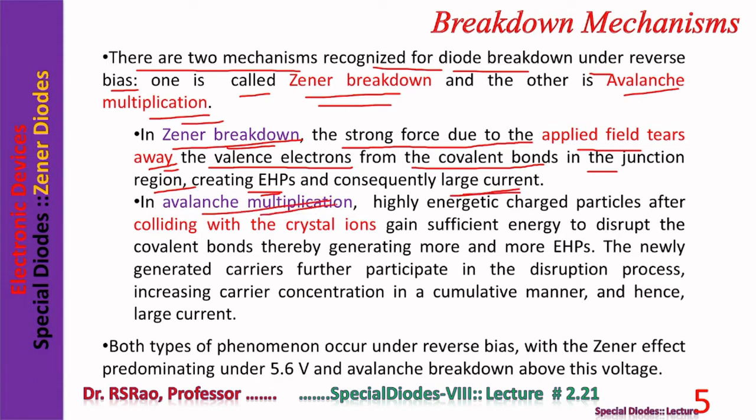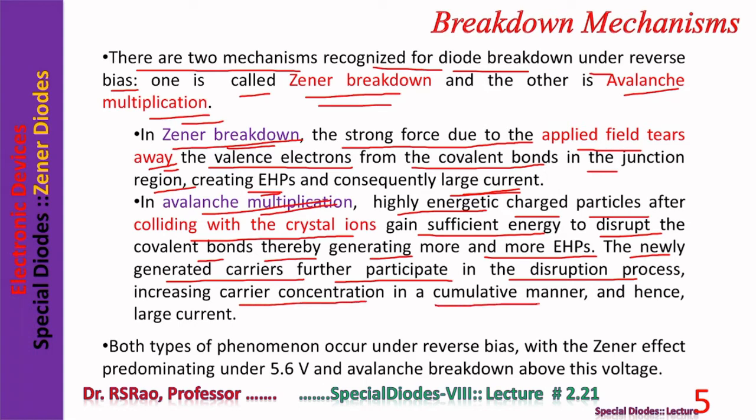In avalanche multiplication, highly energetic charged particles, after colliding with the crystal ions, gain sufficient energy to disrupt the covalent bonds, thereby generating more and more electron hole pairs. The newly generated carriers further participate in the disruption process, increasing carrier concentration in a cumulative manner and hence large current.